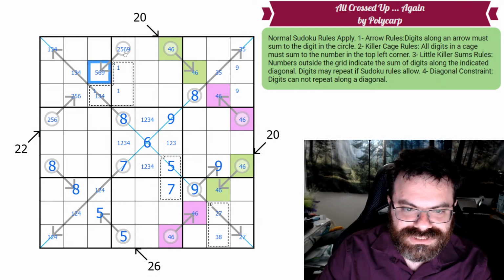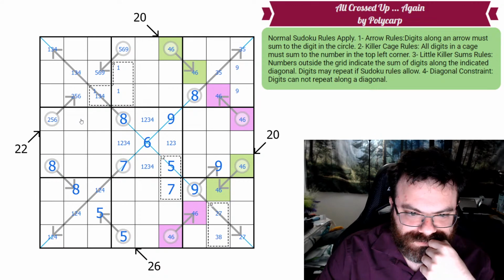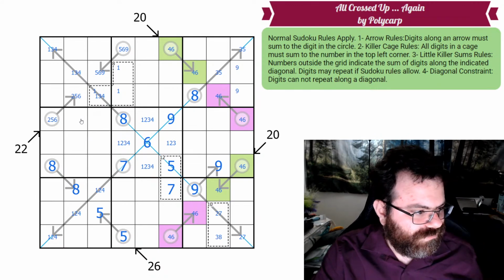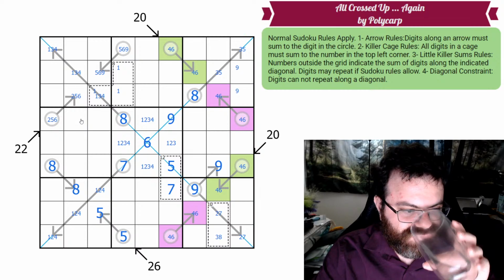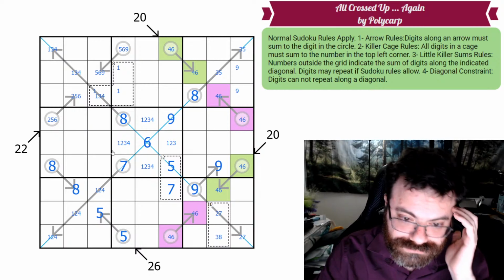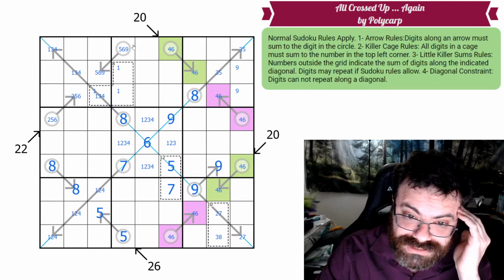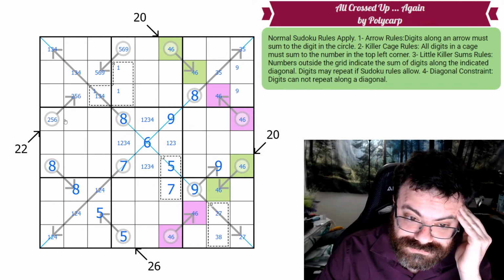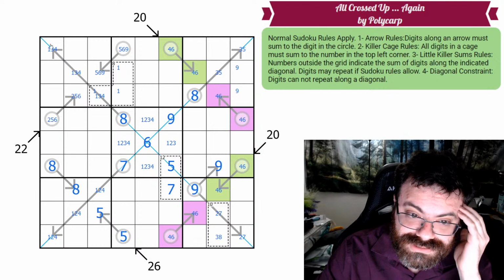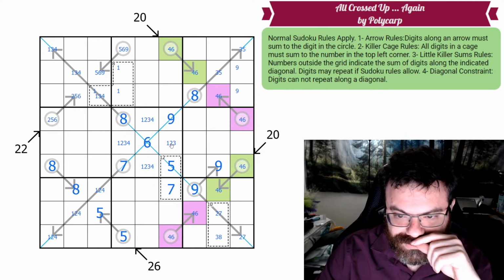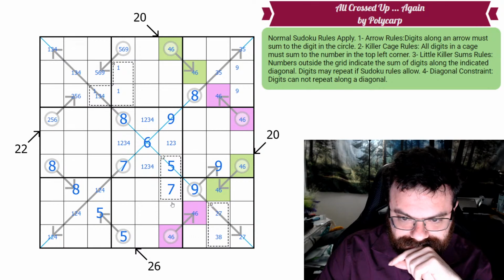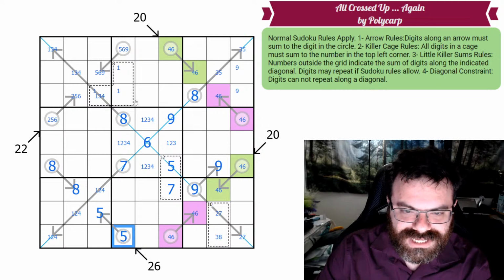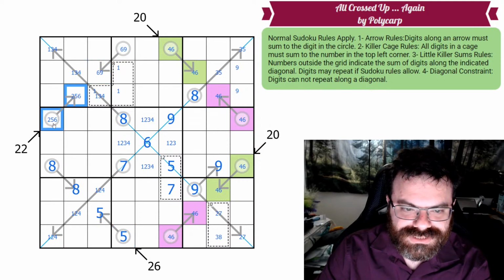So these can't be 9, which means these can't be 2. 5 and 6. I don't think anything else sees those. Let me know if it does. Oh, 5 here sees here. So these can't be 5, which means these can't be 6.